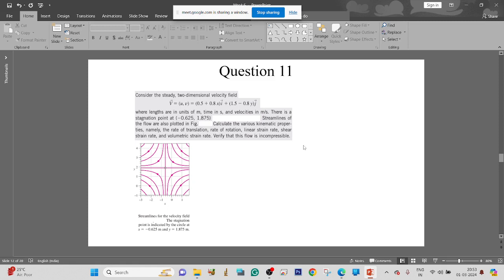Next, the other things you calculate, because I have not calculated it, so now I can't say. I have calculated the linear strain rate and the rate of rotation, then the volumetric strain rate and the shear strain rate. Just let me check for the rate of translation.